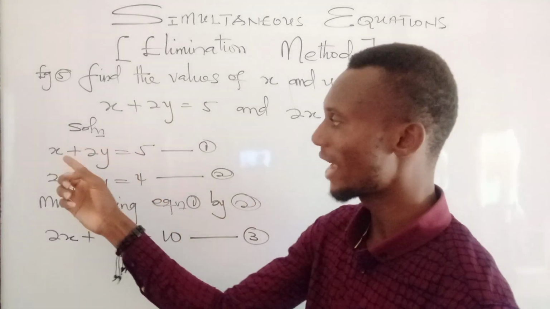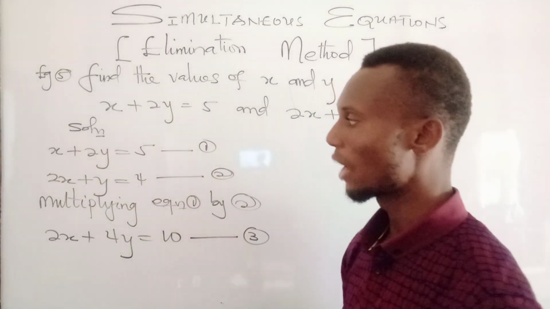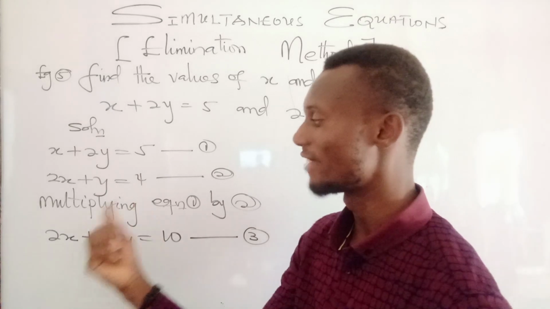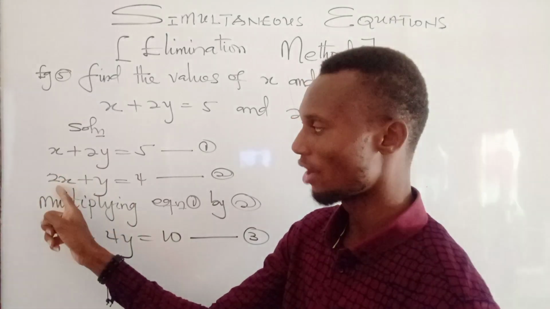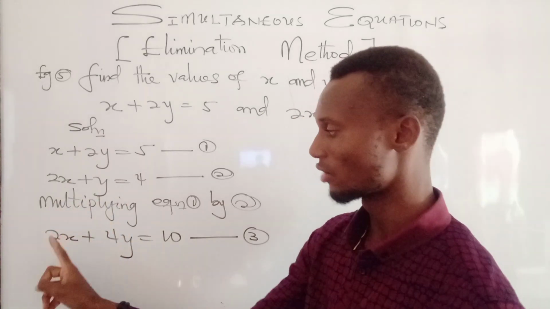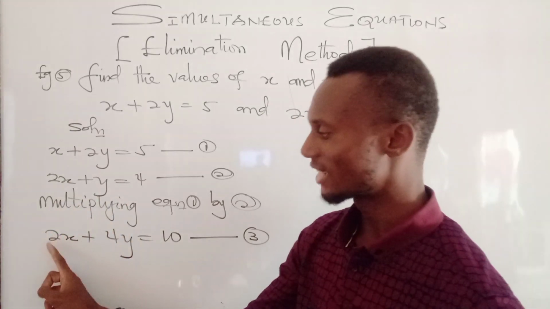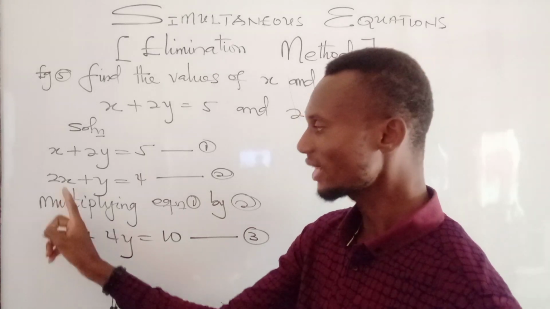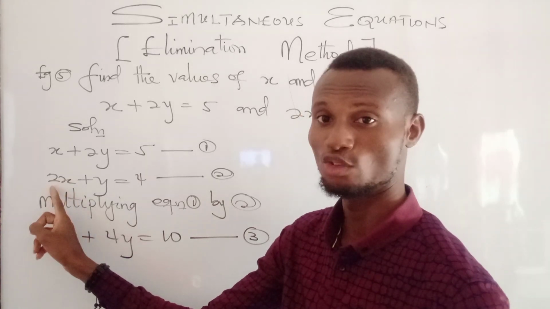We multiplied equation 1 by 2 so that we can get the coefficient of the s to be the same as the coefficient of the s in equation 2, which we've achieved. You can see that we have 2s, which has the coefficient 2, and this s also has the coefficient 2.